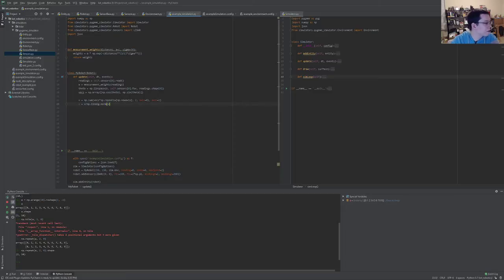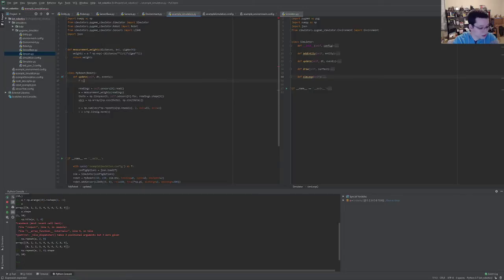And now I need another parameter. We'll call this p equals 5, just arbitrarily, times p.